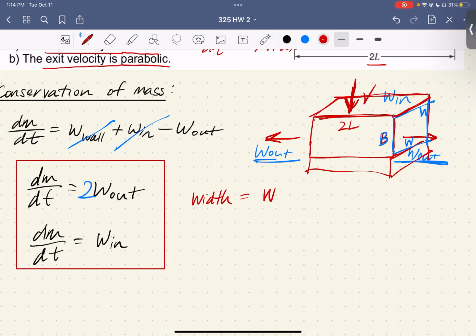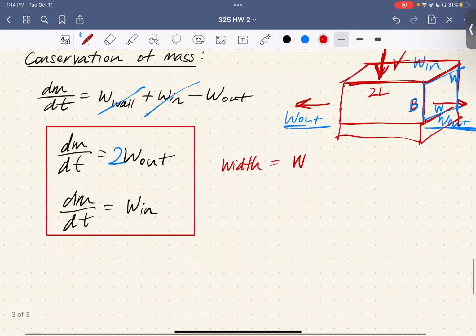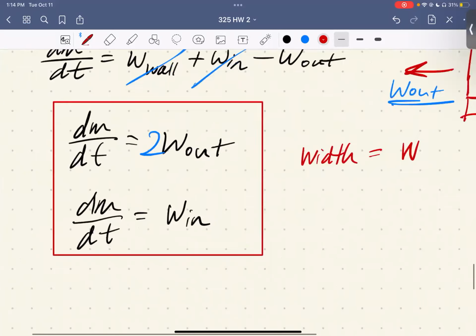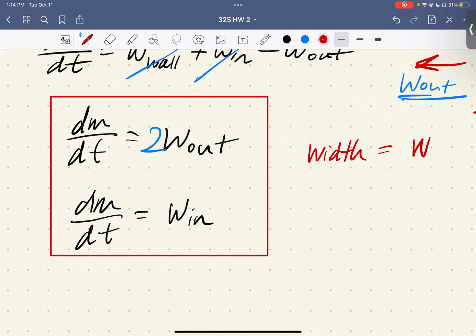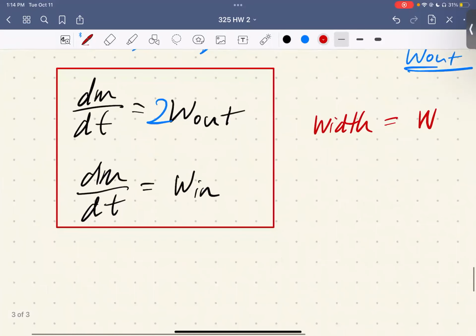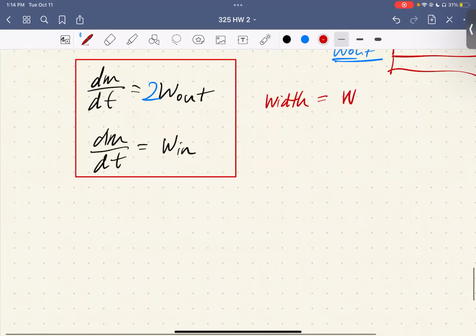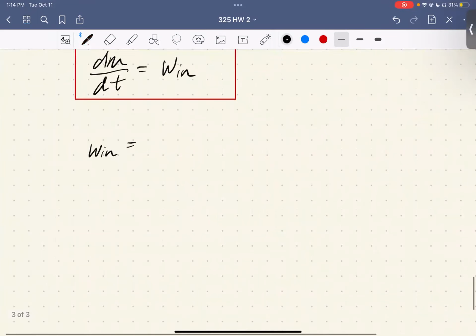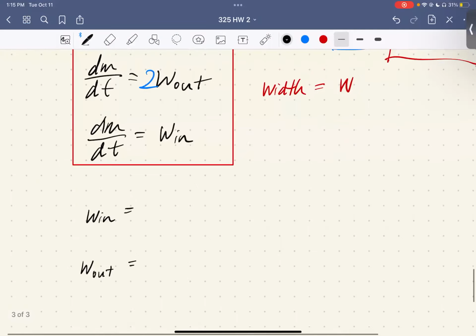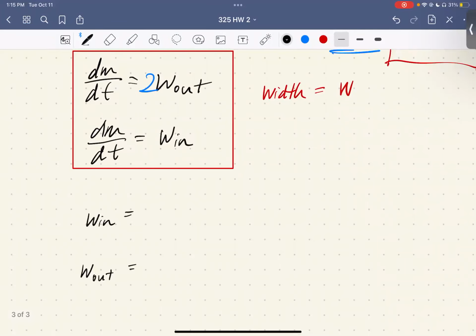Great, so let's start with writing some of the things that we do know. Now that we have our conservation of mass statements that we just determined, the next step is to write down what we do know. We do know that for our W in, let's write it right over here, and W out. Right, so we know our W in. Let's start with that. We always have these same expressions.